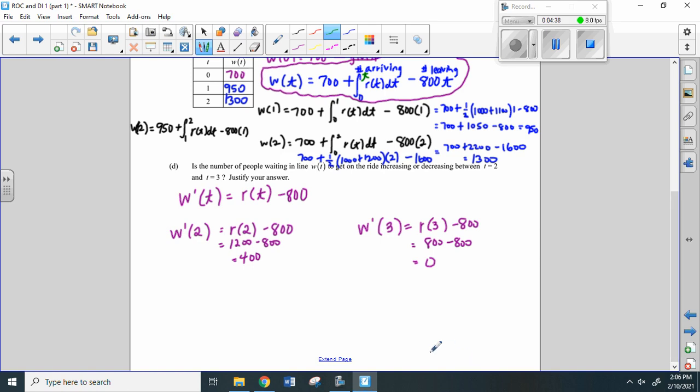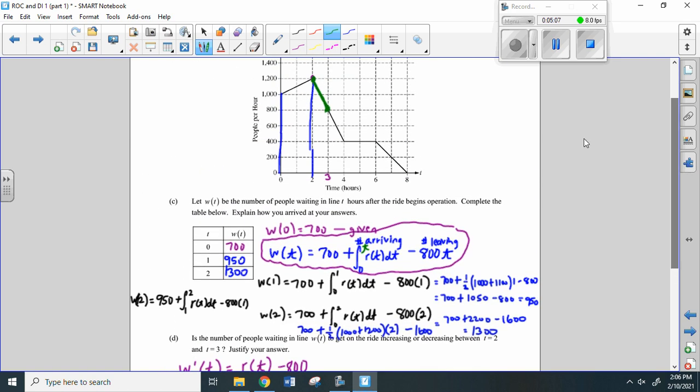So how do I actually explain that that's what I have found? Okay, well, basically we have just said that for any time between 2 and 3, just by looking at the graph, we know R of T is between 800 and 1200. Those are the Y values at time 3 and time 2.